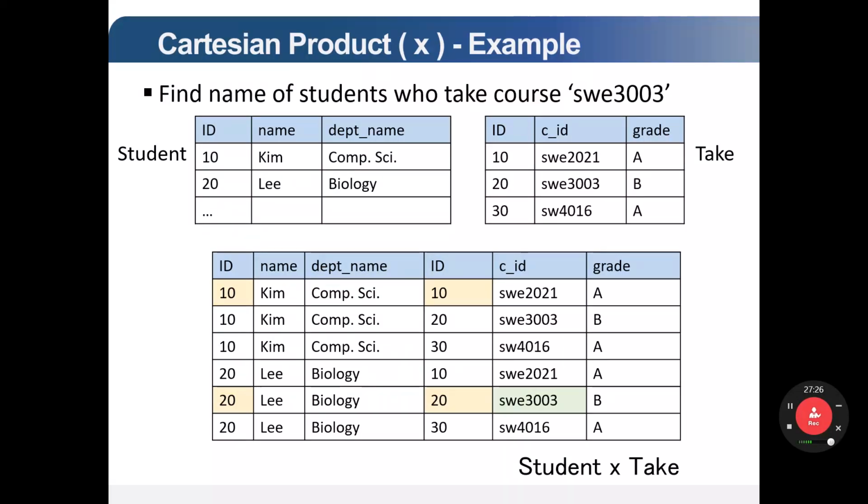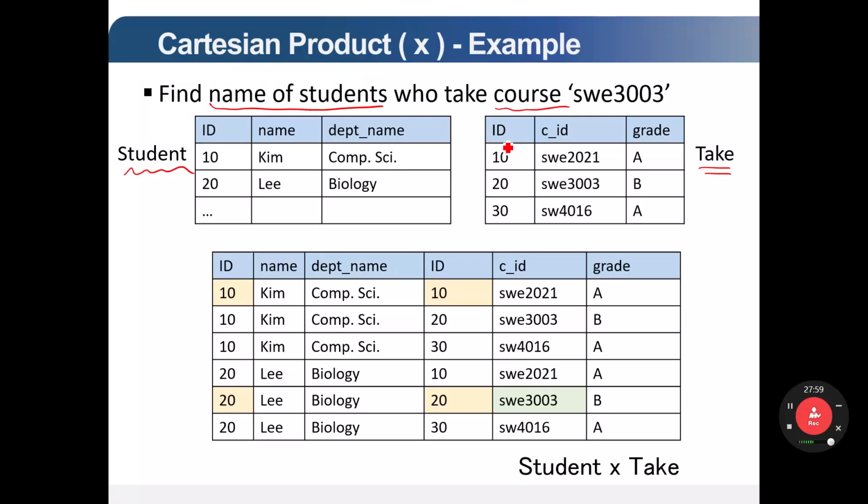And another example is given here. Suppose we want to find the names of students who take course SW 3003. How can you write this query? Names of students are stored in the student table, and course information, who takes which course, is stored in another table, take.